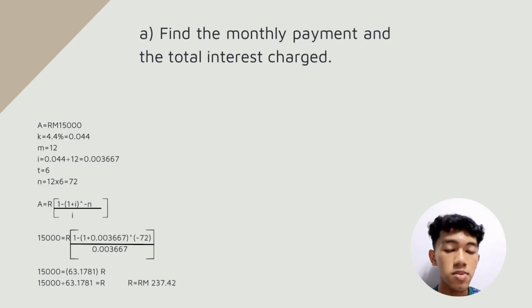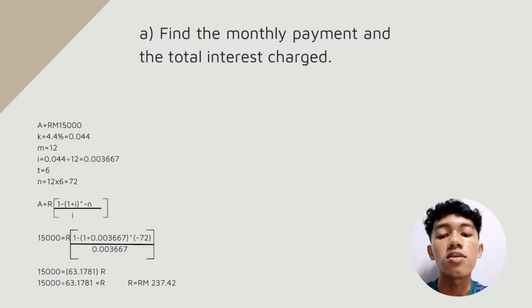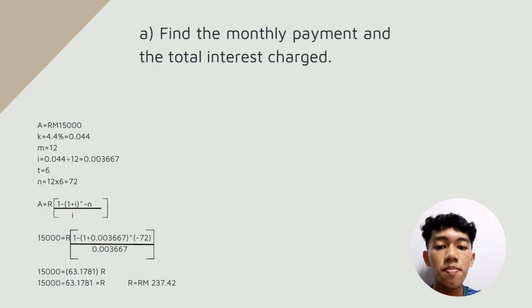K is the nominal rate. So the nominal rate is 4.4%, which we write as 0.044. M is the frequency of conversion, which is 12. For i, we use K per M. K is 0.044 divided by 12, which equals 0.003667.